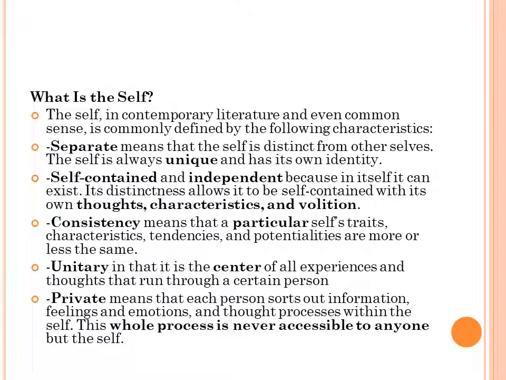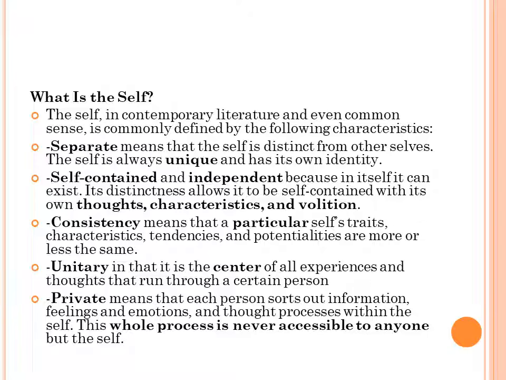That leads us to the next one, which is unitary. Unitary means that the self is the center of all experiences and thoughts that run through a certain person, meaning we are the center of ourselves. We are the ones who are capable of our thoughts and experiences. We are the ones who make it. That's why it's unitary.